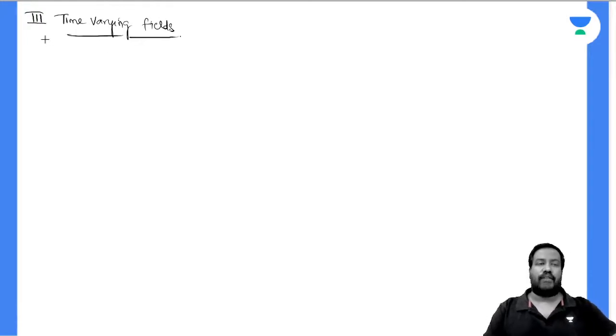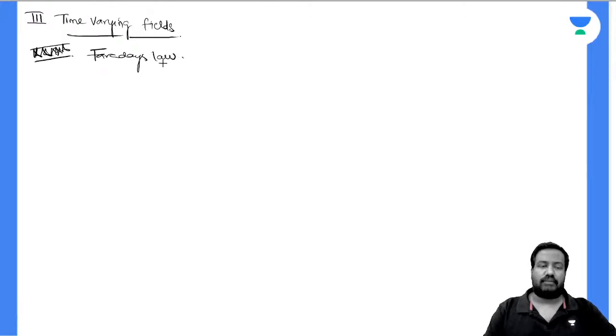The third section that we have discussed is time varying fields. In time varying fields, two important concepts were discussed and modified the Maxwell equations. The first one, Faraday's law.